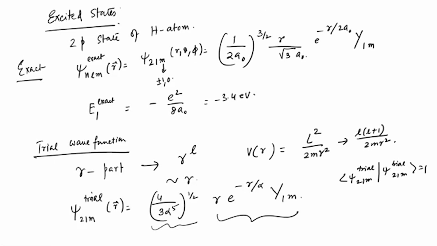So, this Y1m has a theta dependence and of course, a phi dependence. So, they cannot be taken out as a 4 pi as opposed to when we did it for the ground state. With all these conditions in mind, one needs to do it carefully and without making any mistake. One also needs to normalize the trial wave function, because that is needed to calculate the expectation value.